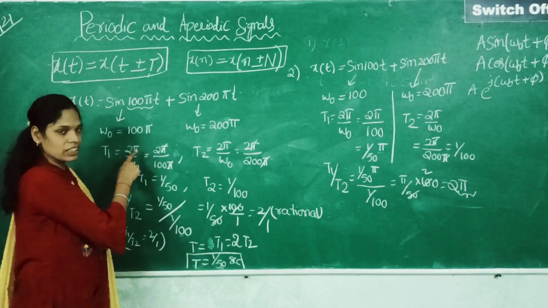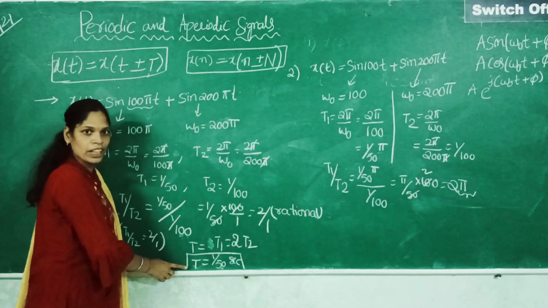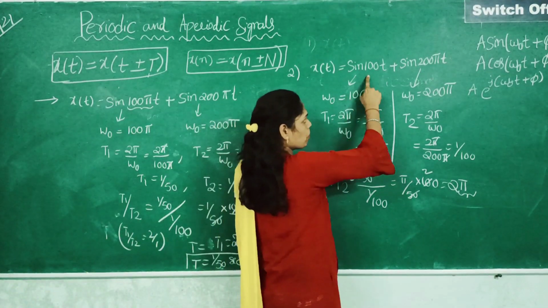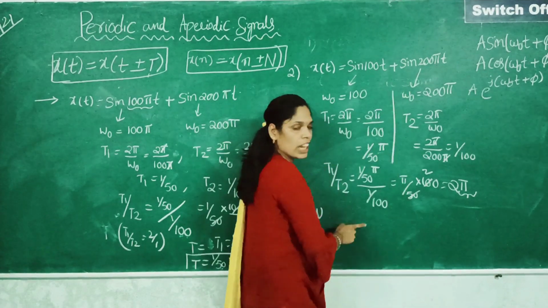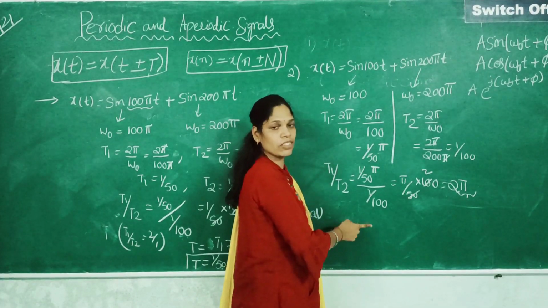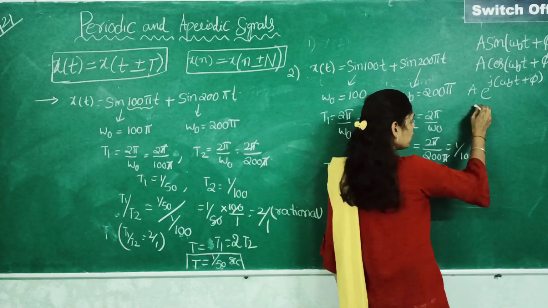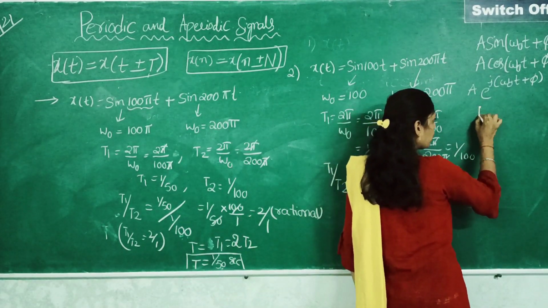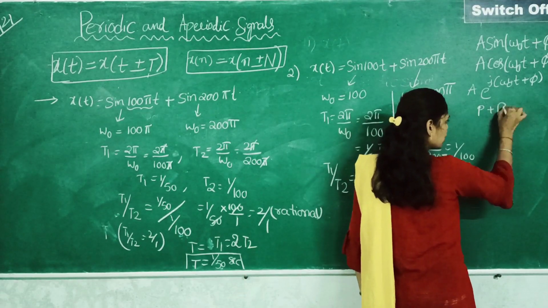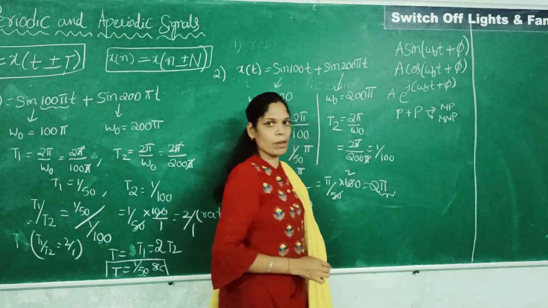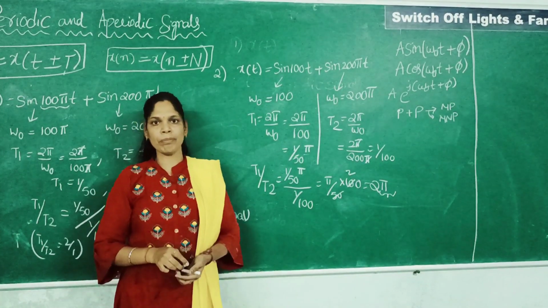In the first example, we got a periodic signal. Even though we considered periodic signals, here we got an aperiodic signal, because we got irrational numbers. So in the fourth conclusion, I can say that even though two periodic signals are considered, the sum may or may not be periodic.